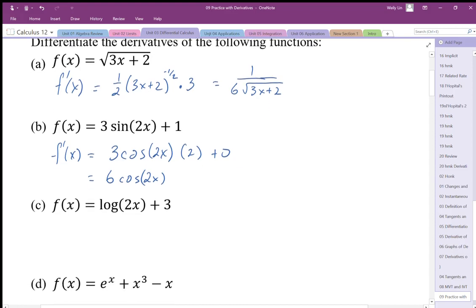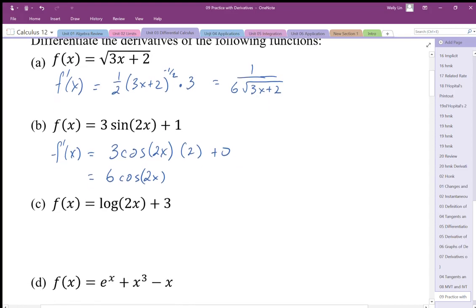For this one here, we can apply our log rules. If we look at our formula sheet, so I'll give you a second to look at your formula sheet, the derivative of log. When we differentiate log, we're going to do 1 over the argument.